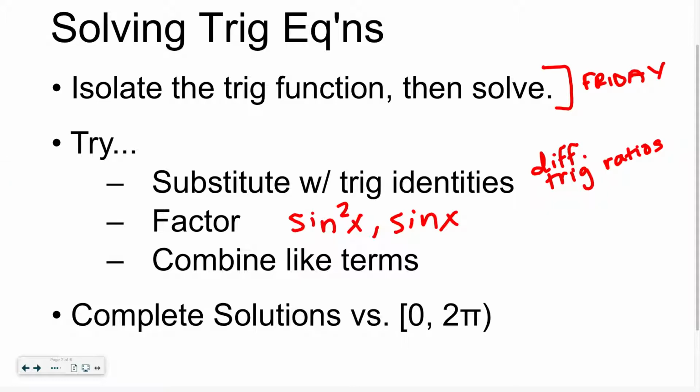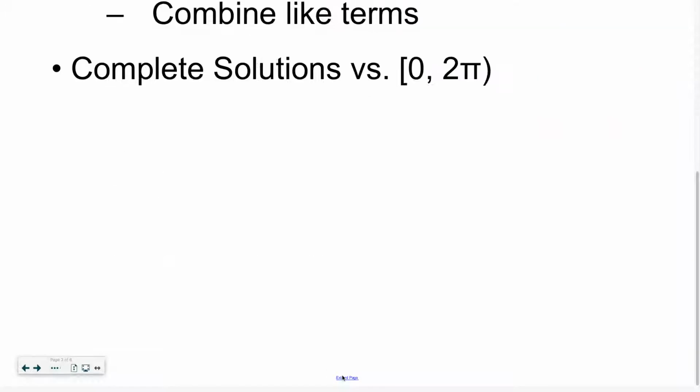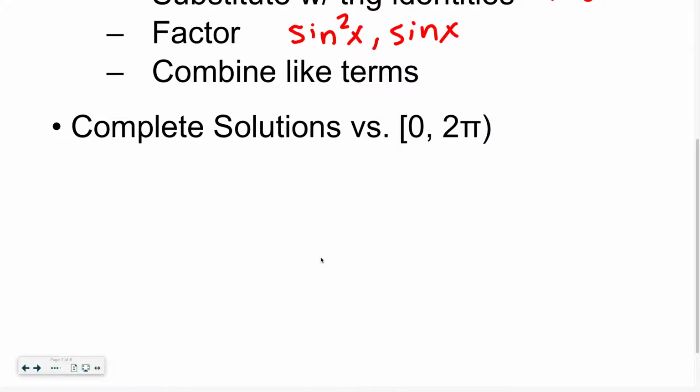And then the last thing that's up here is just to remember that there are different ways that your answers will be represented. I get a lot of people who, each year, are really confused about how do I know when to answer with the plus the period times n? Those represent your complete solutions.